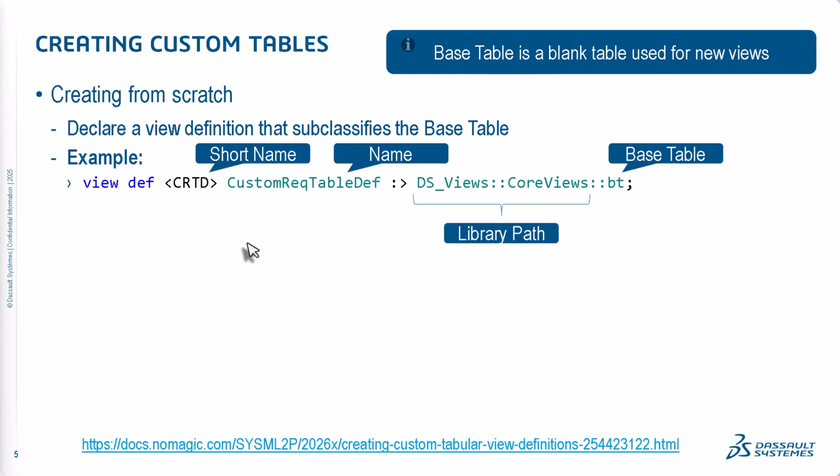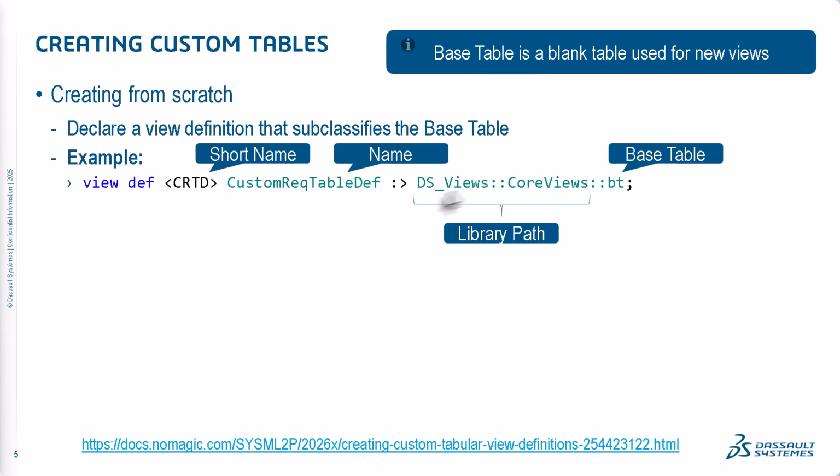Requirement ID. Okay, so if we're going to build from scratch, one of the tables that we have is the base table, and this is going to allow you to create tables from scratch. So what we're going to do is create a view definition here. We're giving it the short name CRTD, and the long name is Custom Rec Table Def.